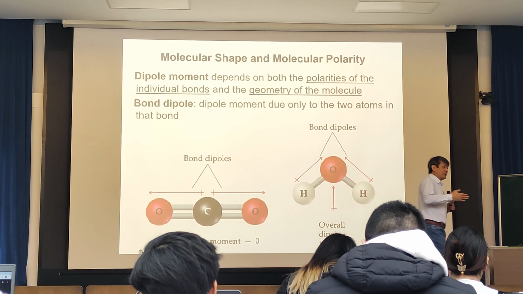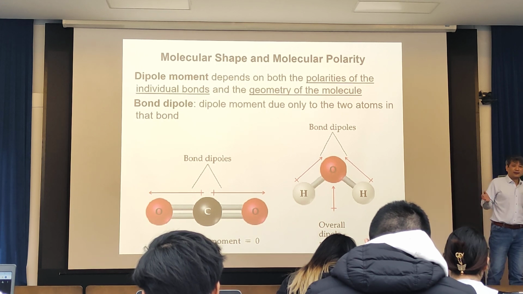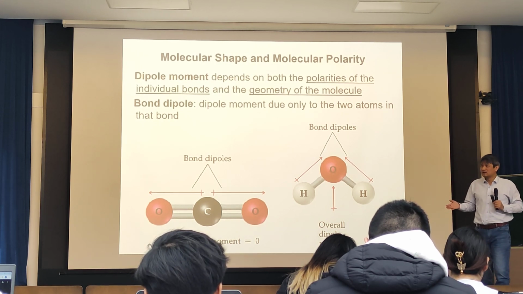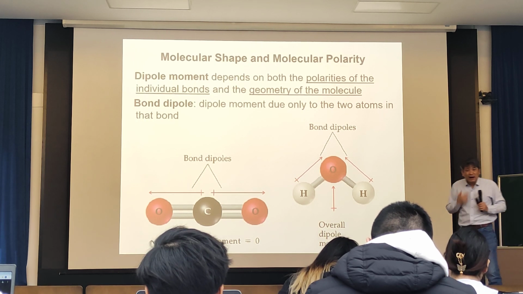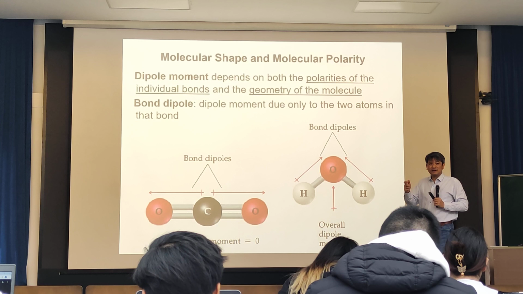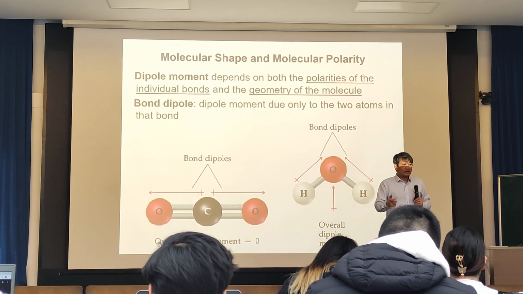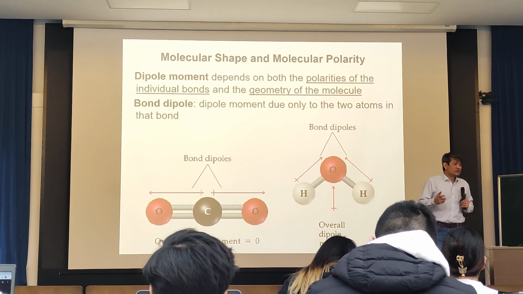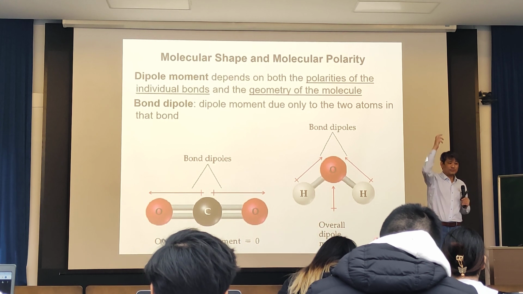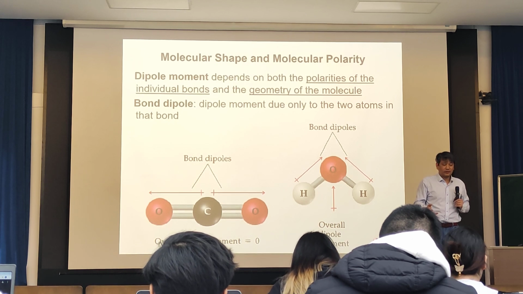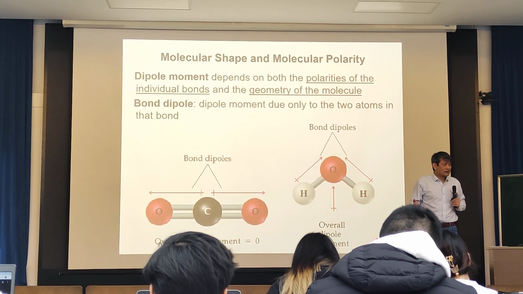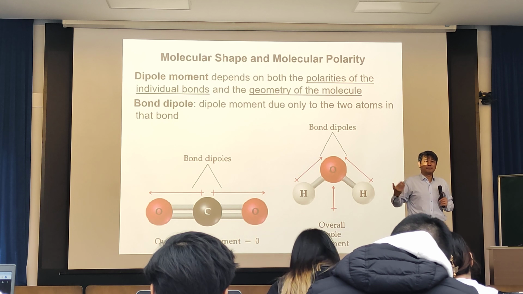Here you have CO2 non-polar and water polar. The solubility of CO2 in water is very low. Why? When you burn gasoline, you generate CO2. CO2 will remain in the atmosphere, but is not soluble in the seawater. Okay? Is it correct? Because of the difference in terms of polarity.